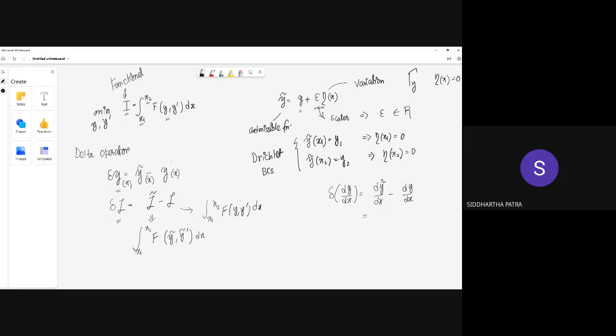So if I do the delta operator on the derivative, this is what I get, which is basically the derivative of y tilde minus the derivative of y. And because derivative is a linear operation, this thing could be uniquely defined as delta y prime.